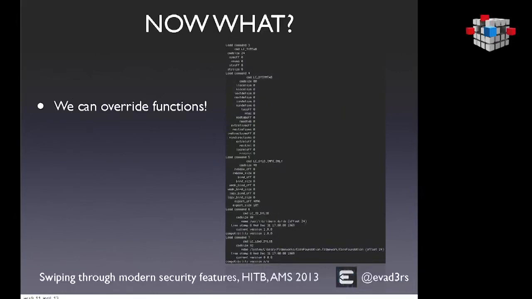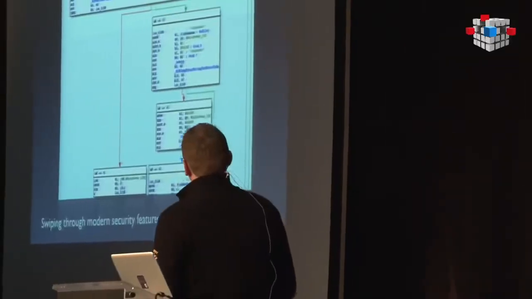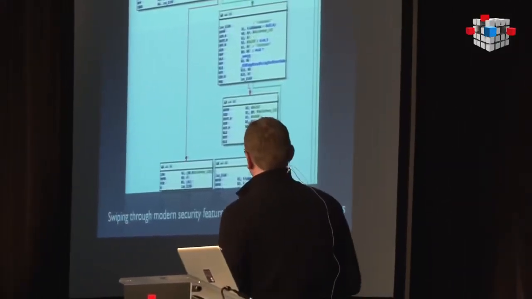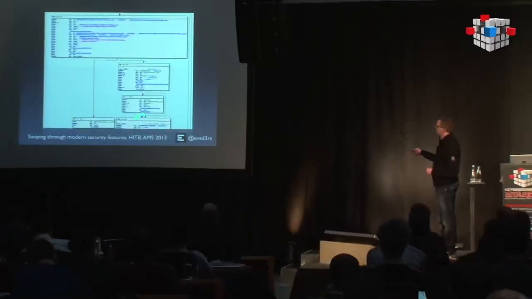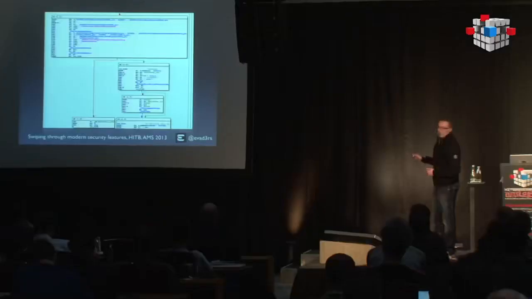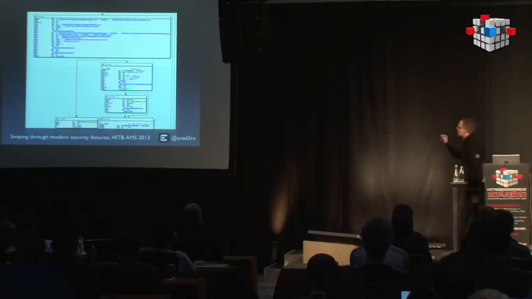And now, of course, we can do some interposition and override some functions. This is an interesting function in AMFID because it verifies the blobs, and you have the error path saying it failed, and the OK path here.